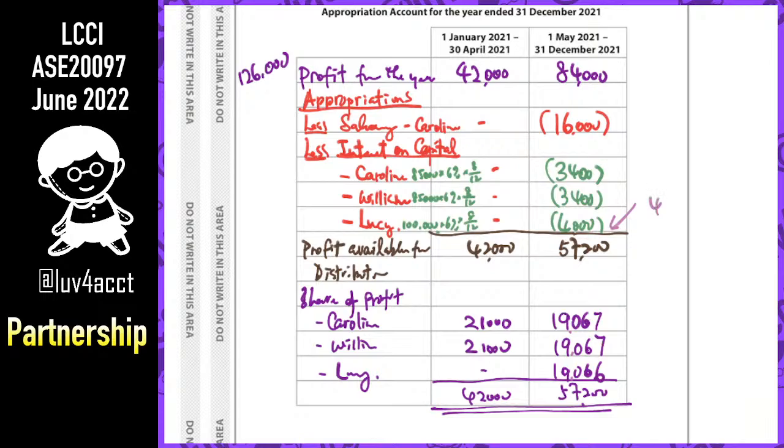They will give 4,800. How will you get this figure? It will be 120,000, 6%, and then 8 over 12. That 120,000 will be the capital introduced by Lucy.